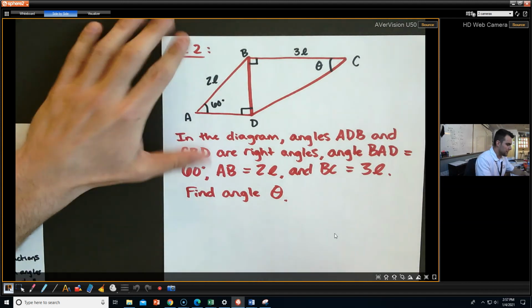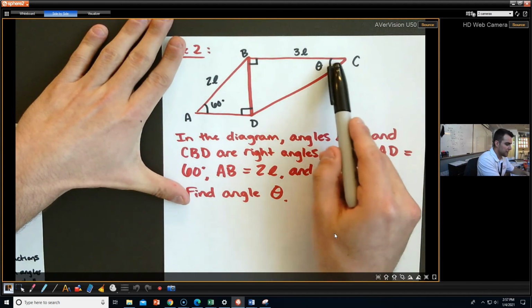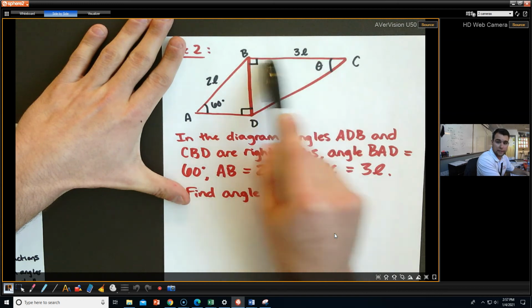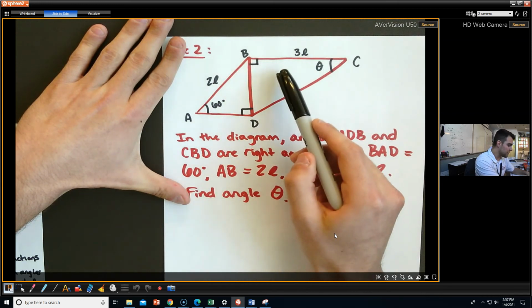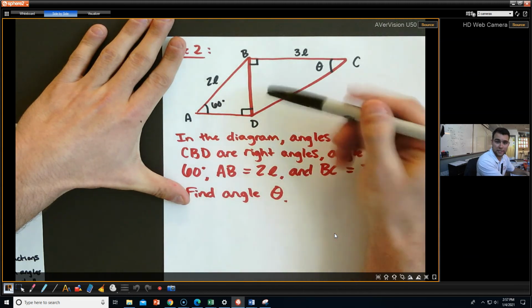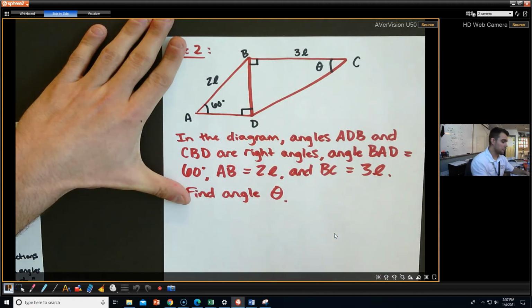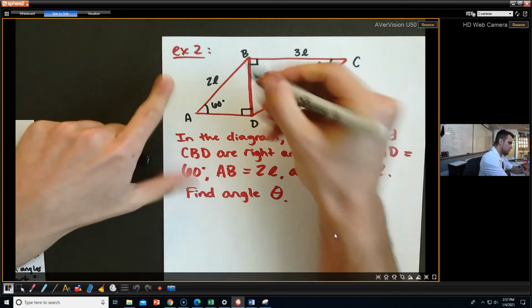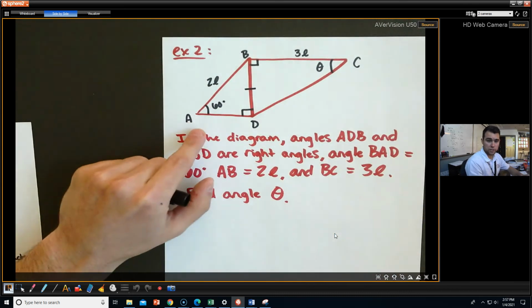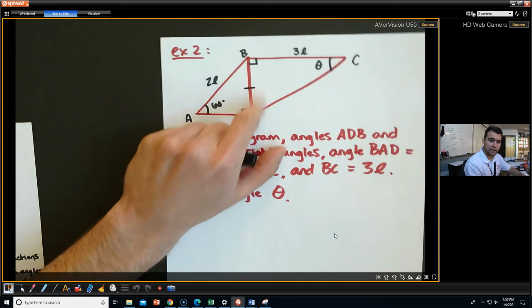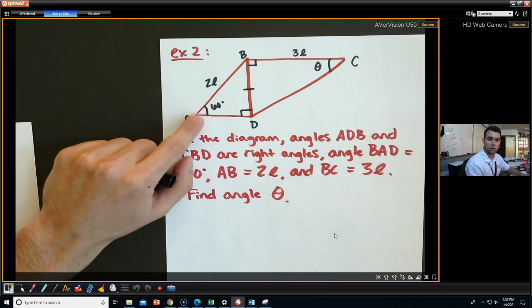Because we have some kind of side length given to us here in terms of L with this triangle, we probably want to get one of these guys to have their line segment. I would go for this guy, mostly just because it's related by both these triangles. So let's start out finding that side length using this angle.